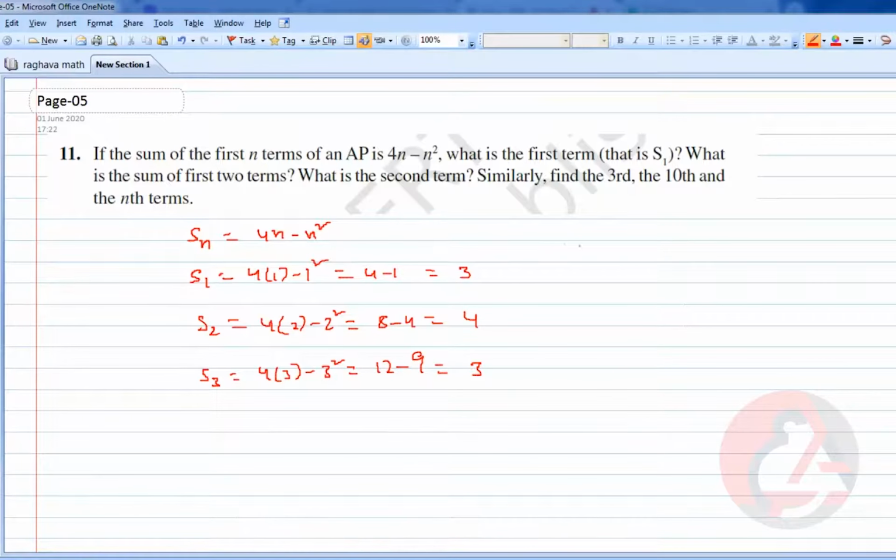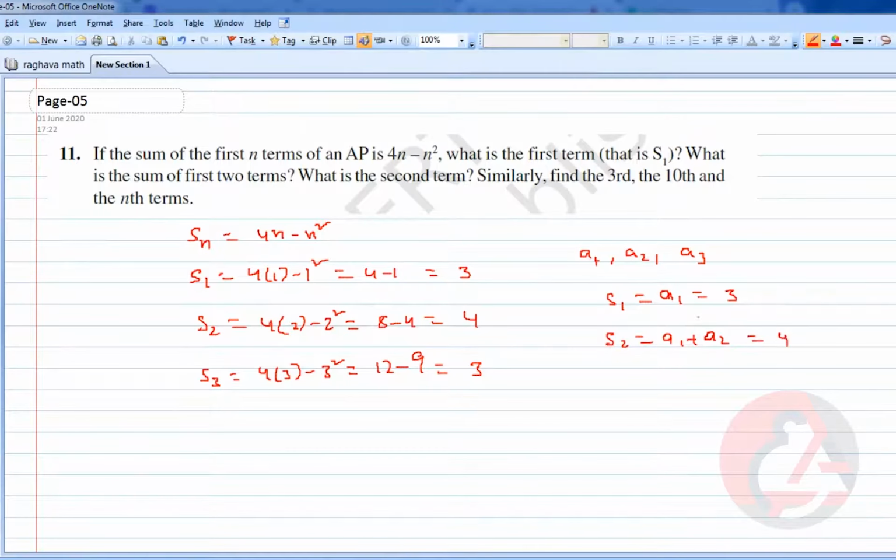So from here, see, A1 is the first term, A2 is the second term, A3. Suppose how to find out the first term? S1 is nothing but A1, that will be equal to 3. S2 is nothing but A1 plus A2, that is equal to 4.